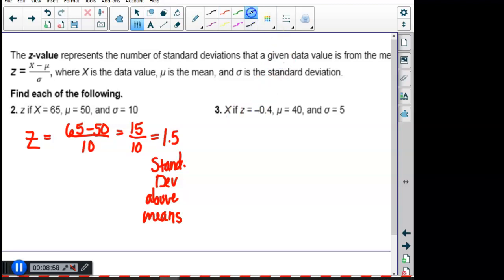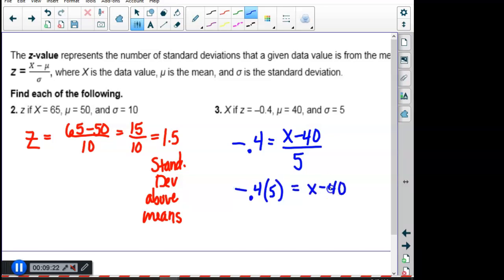All right, this one actually gives us the z-score, so it wants us to work backwards. Negative 0.4 equals some value away from the mean over 5. So what would we do first? Multiply to get rid of the division. Is that negative 2, guys?